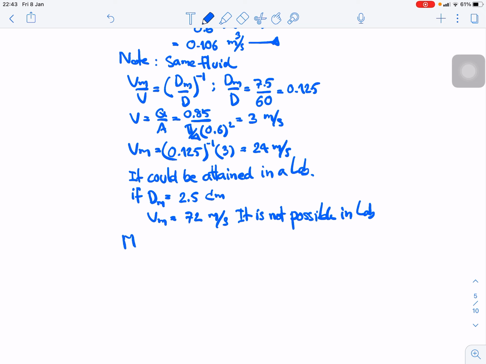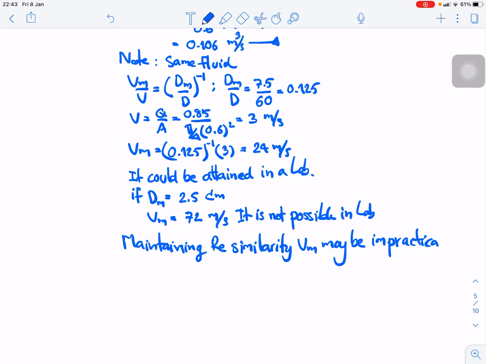So we conclude that maintaining Reynolds number similarity may be impractical, as Vm may be impractical to obtain.